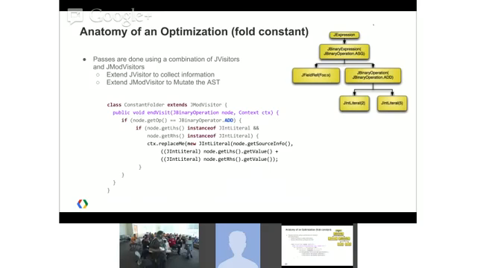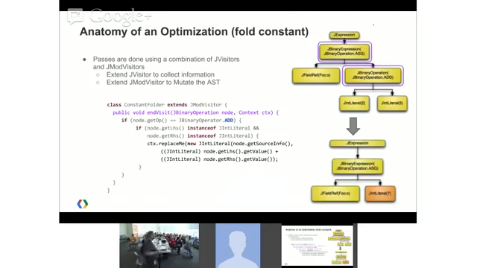Then, if the left-hand side of the operation is a literal and the right-hand side is also a literal, replace the binary operation node by looking up both literals, getting their numeric values, which in this case are 2 and 5, adding them together and replacing it with 7. And all the optimizations work mostly like this at this level. It's complicated pattern matching. The more complex ones have to deal with global information, but a lot of the local ones are very simple like this.